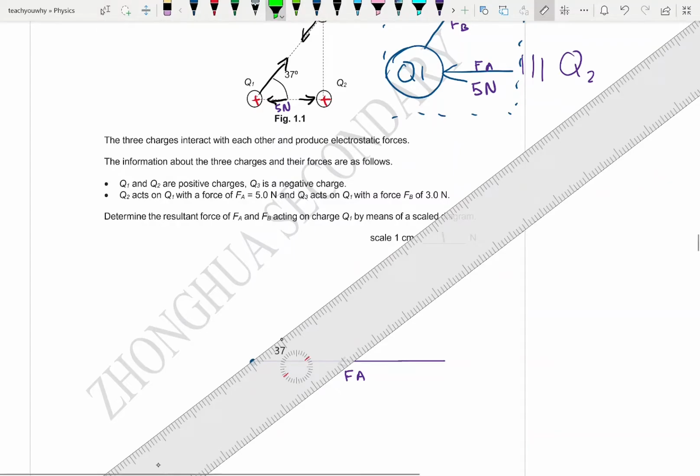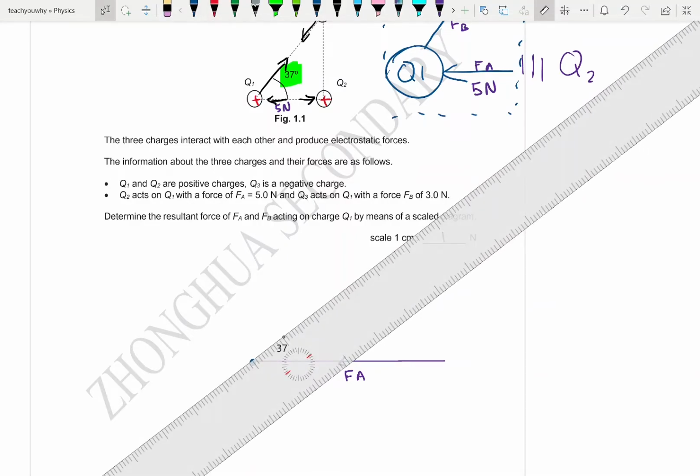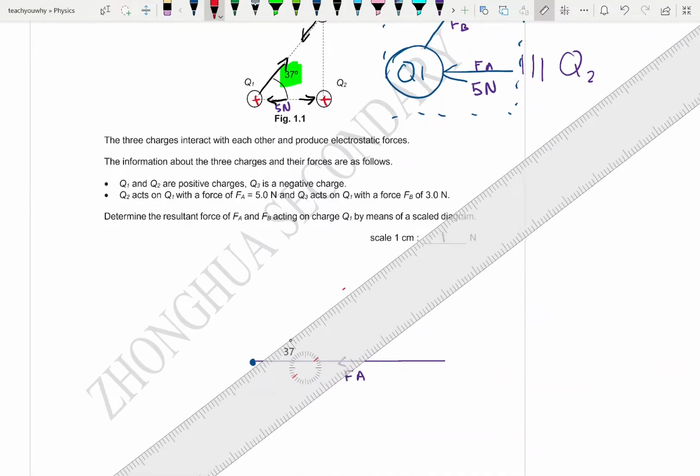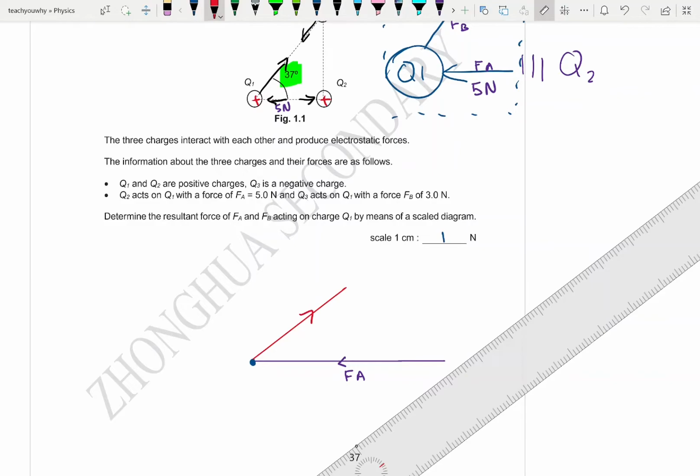Because if you take note here, FB is 37 degrees from the horizontal, and therefore let me now draw FB. FB will be how many cm? 3 cm, because it's 3 newtons. So this is 1, 2, and 3. So it's around here. Let me draw this. And there we have it.